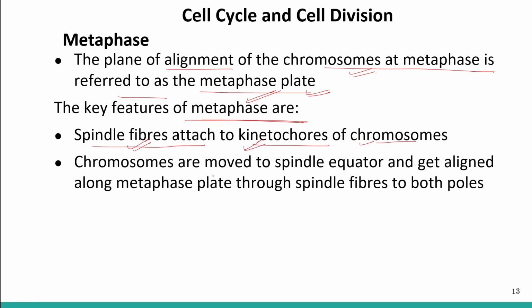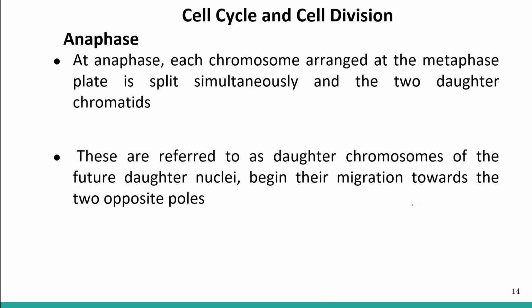Okay, chromosomes are moved to the spindle equator and get aligned along the metaphase plate. So this is very important. Metaphase plate means arranging all the chromosomes at the equator, through the spindle fibers' movement. Okay, so this is a very important stage.